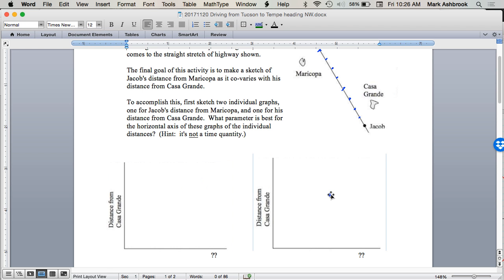And once we have those two graphs, we can use those two the same way that we used the volume and the rate of the concrete to form the relationship between his distance to Maricopa and his distance to Casa Grande. So can we sketch these two graphs now?